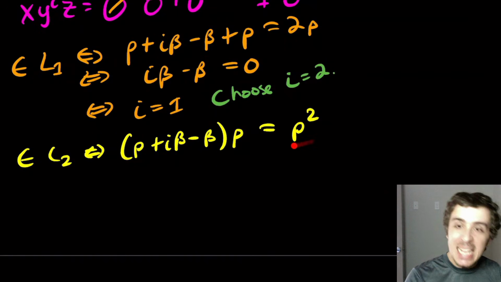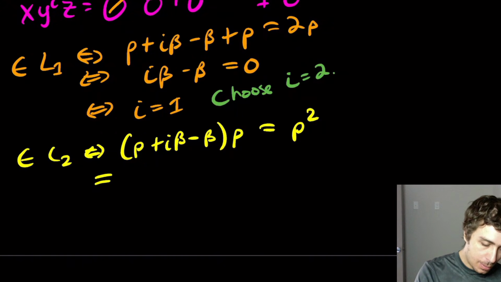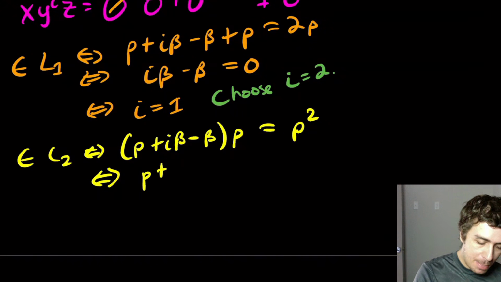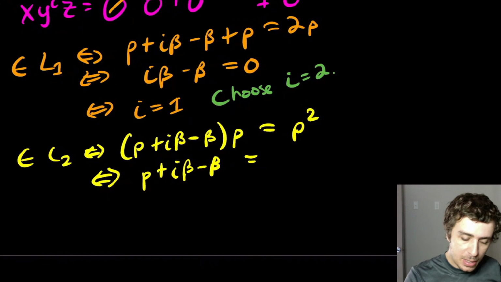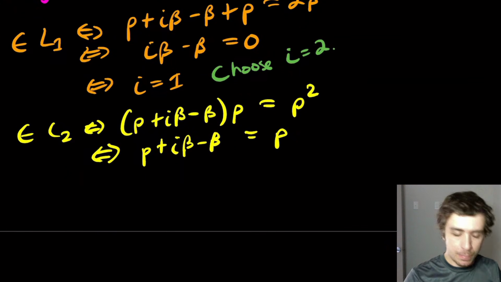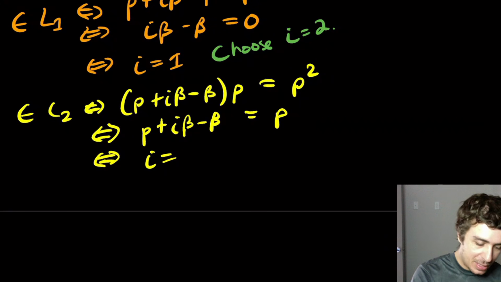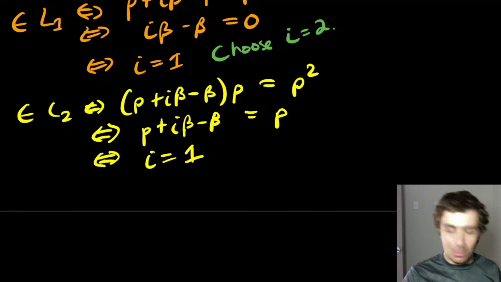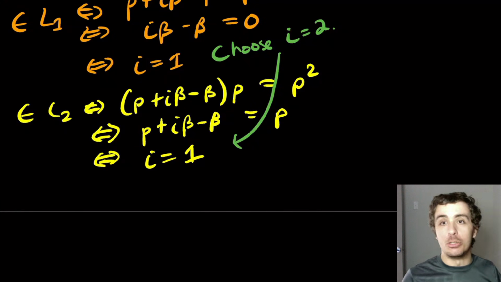Note that p is at least 1, so we can divide by p on both sides. So we get p plus i beta minus beta equals p, and we divided by p on the right side, which we were allowed to do. This is very, very similar to the previous one, so this again is true if and only if i is equal to 1. And we can again choose the i parameter to be 2 also.